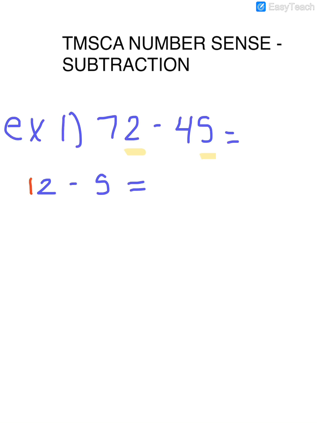And so we know that 12 minus 5 is 7, and then whatever we did with addition, how we moved from the ones place to the tens place, we're going to do the same thing, so then we're doing 7 minus 4, but since we carried a 1 earlier from the 7 to make this a 12, we're going to be actually doing 6 minus 4, which is 2, and then the answer is 27. Yeah, so it's really ideally the same as addition. We're just subtracting instead.